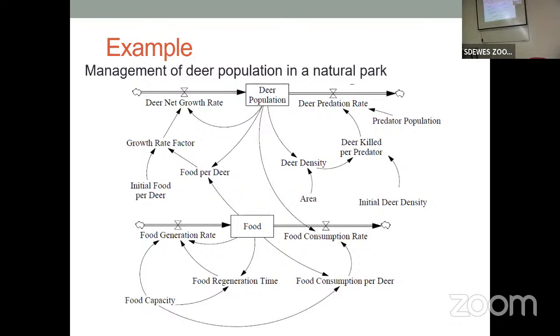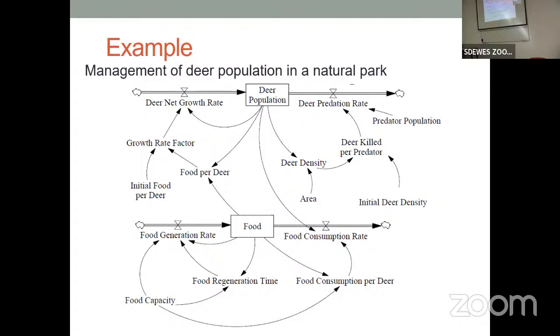So, we have a certain population of deer, and this population increases according to the growth rate, and decreases according maybe to the natural death, or maybe because of the predator population. The food usually represents, in this case, the carrying capacity that will limit the deer population in real systems.